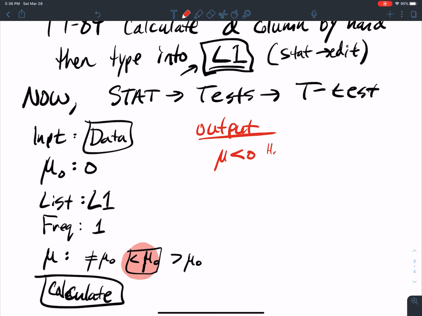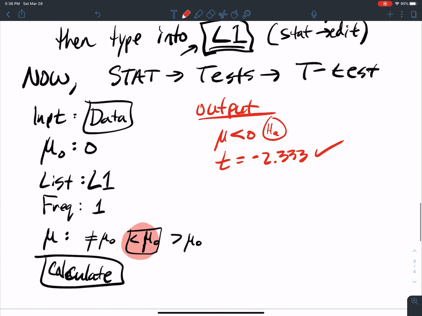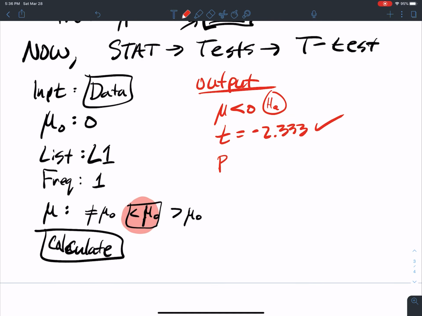That's my Ha. Okay. T equals -2.333. That's what we got earlier, right? We got that right there. Okay. P equals 0.026178. So X bar equals -1.75.